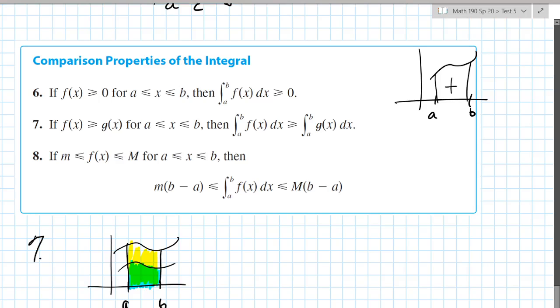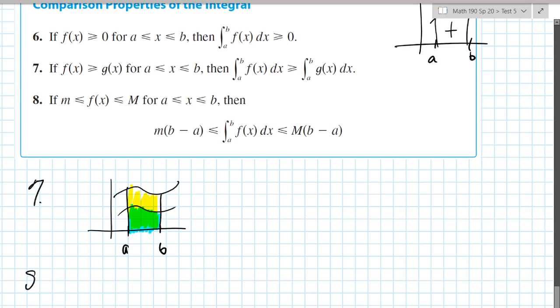So again, if we're thinking about this in terms of areas, the area of the one that's further up, the larger function, is going to be larger than the area of the smaller function.